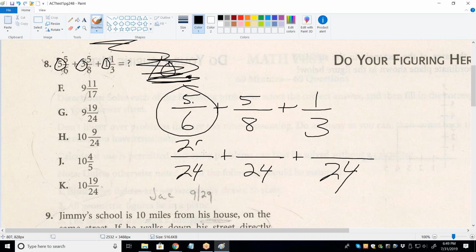Okay. Notice that 20 24ths is the same as 5/6. That's your whole goal, to turn it into some number of 24ths so you can add them together. Well, how many 24ths is 5/8? And how many 24ths is 1/3?